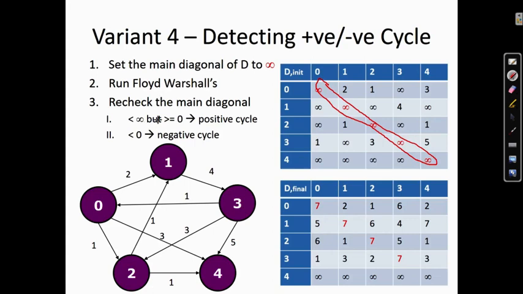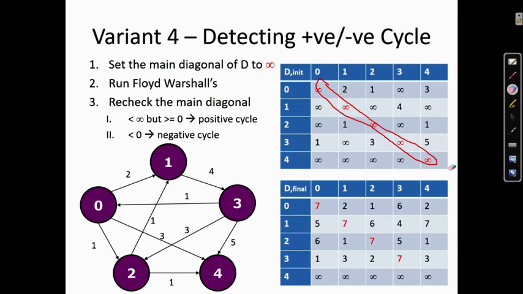If the value is smaller than infinity but bigger than or equal to 0, that means there must be a positive cycle. So the weight of the shortest path from 0 back to itself, if it's positive, means there is a positive cycle, and so on and so forth. But if the weight is smaller than 0, that means there must be a negative cycle. A negative cycle exists.